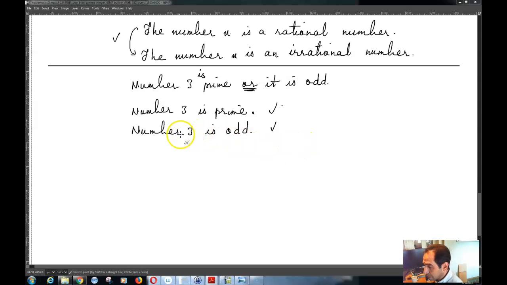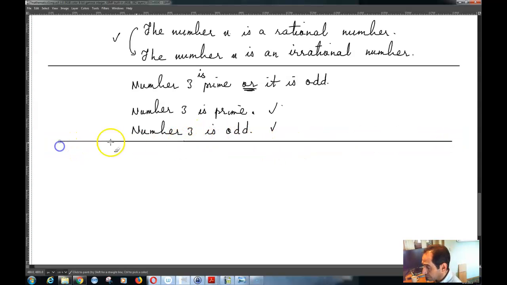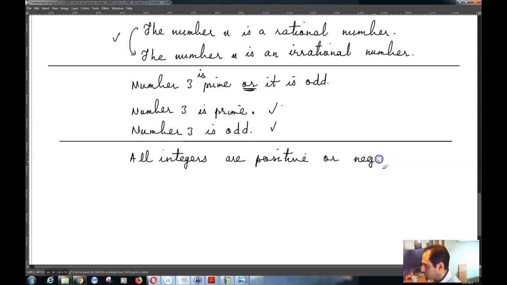The second statement that we have here is all integers are positive or negative.